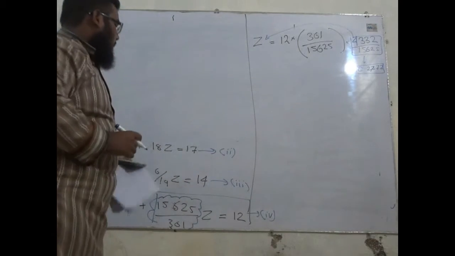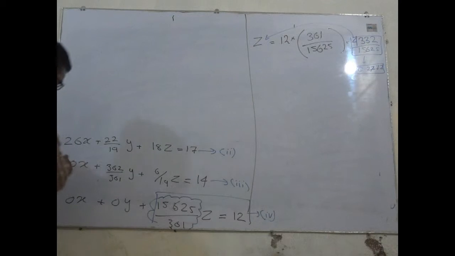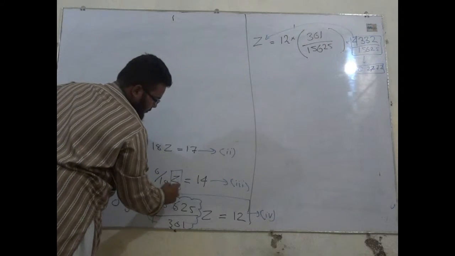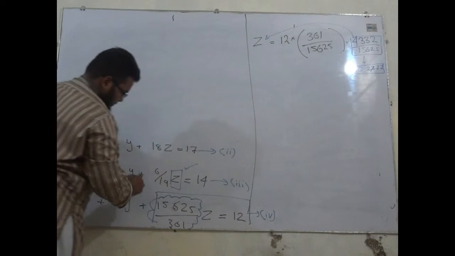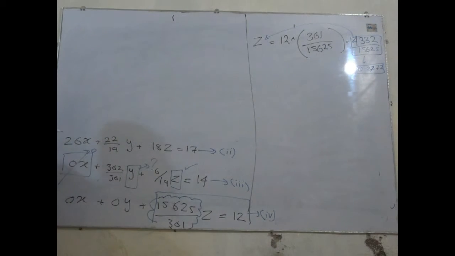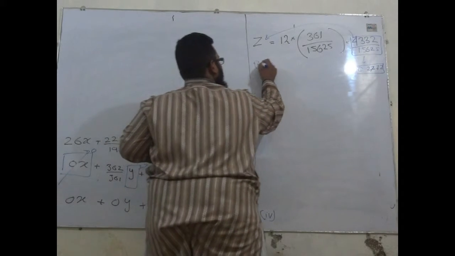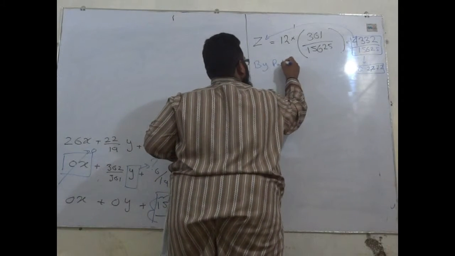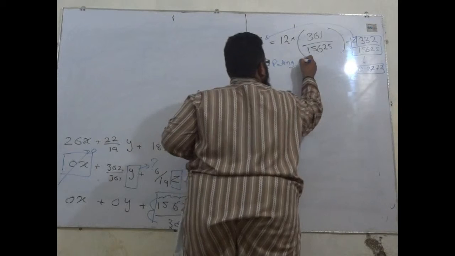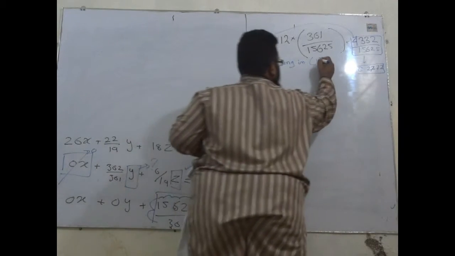Okay, now by putting the values of equation 4 into 3, because here x is 0 and we have to find the values of z, then only we can find the other values. So we put the values of z into equation 2 by putting in 3.